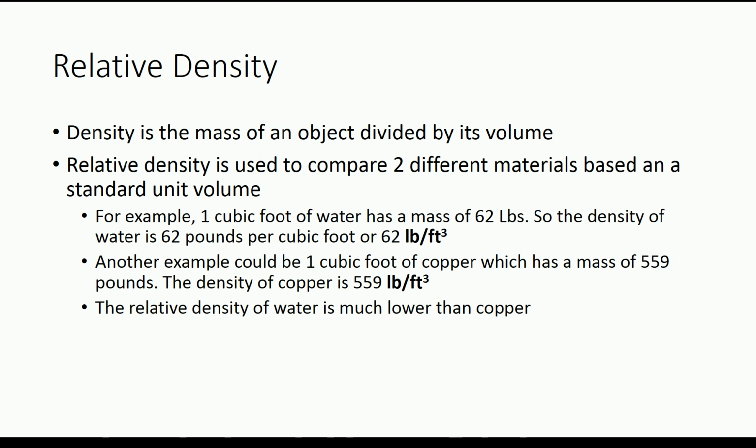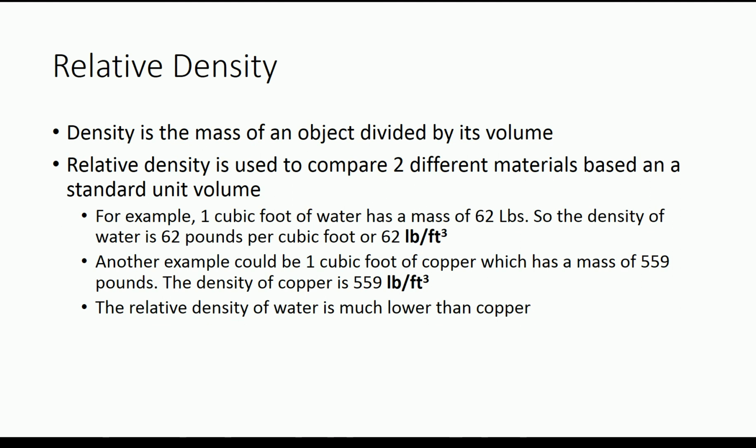So 1 cubic foot of water. So imagine a block of water sitting in a plastic square bag, right? 1 block of water weighs 62 pounds. And the way that we express that is 62 pounds per cubic foot. And this is kind of the way it's written.